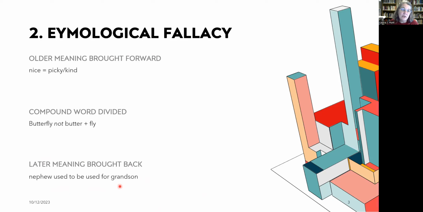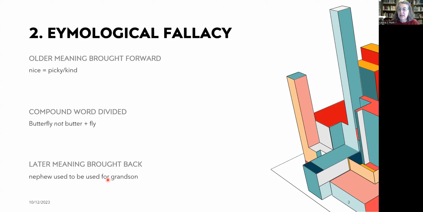And so it's not okay to take a meaning today of the word nephew, so the son of my brother or sister, and insist that an older text that used that word must mean the son of my brother and sister like it does today, even when the context maybe really clearly says it means grandson in that older text.